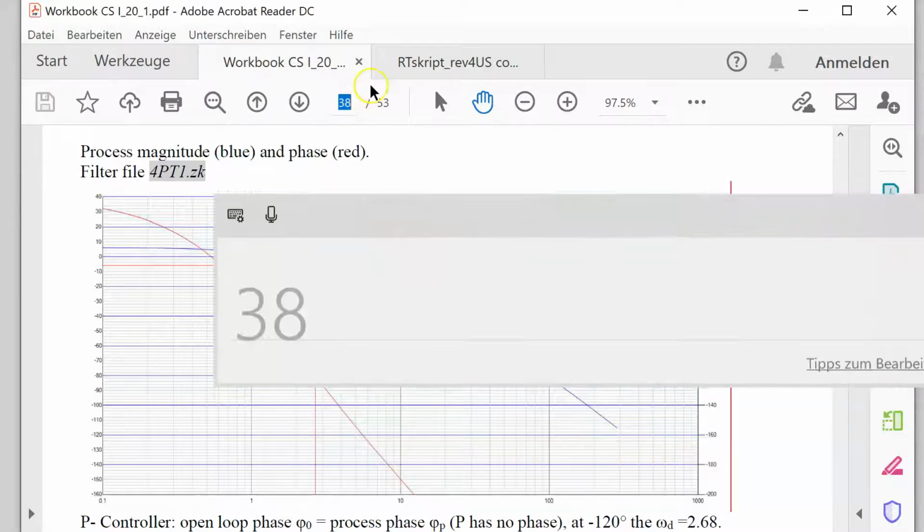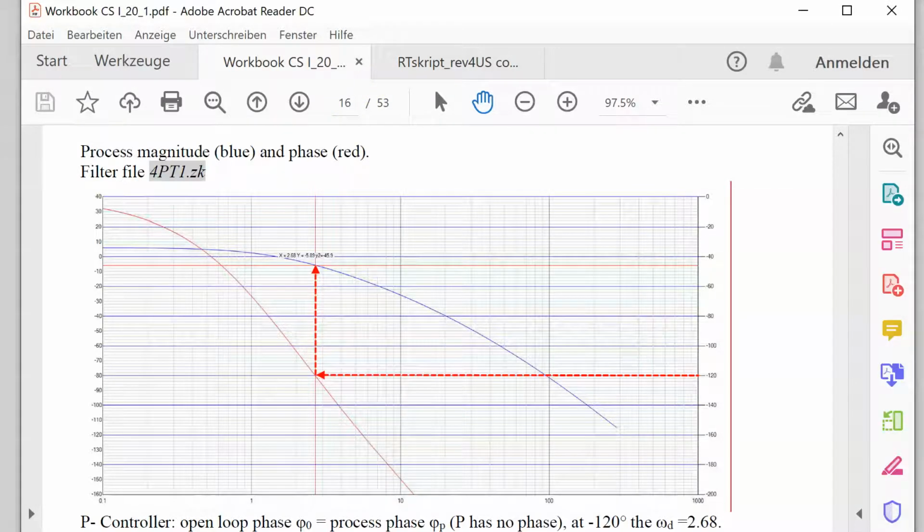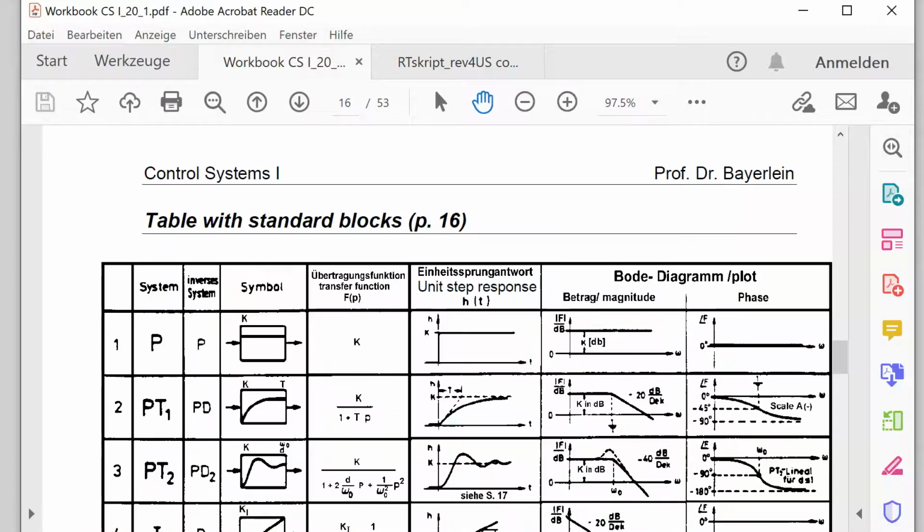This is a series of PT1s. Note that the PT1s are just described in chapter 3. The Bode plot of a PT1 starts with a horizontal part for low frequencies and for high frequencies a drop of minus 20 dB over a decade, and the phase goes from 0 to minus 90.